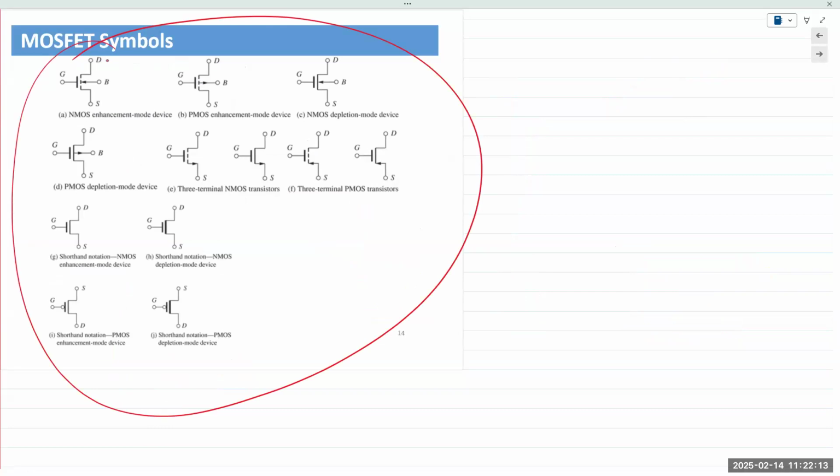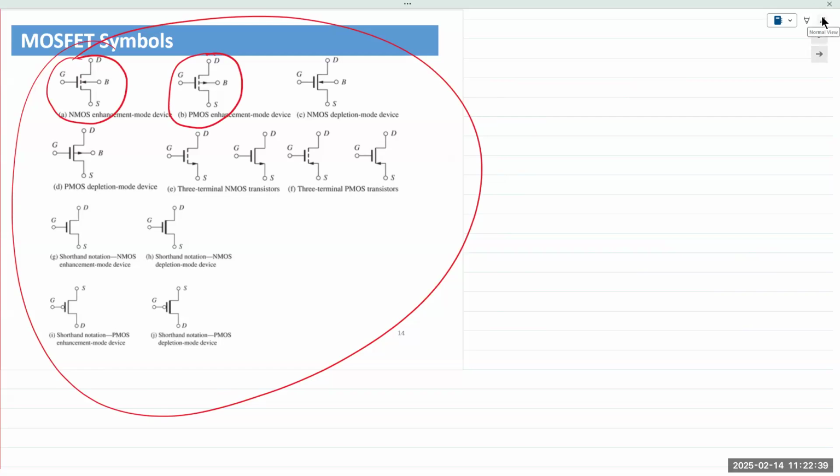We have an enhancement mode NMOS and PMOS. Those are the ones that we want. Those two: if the arrow goes in, it's NMOS. If the arrow goes out, it's a PMOS. And then there are other ones that you can take a look at later.